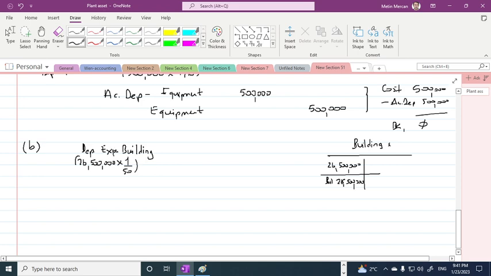So this is the depreciation expense for the building. It will be $530,000, and the accumulated depreciation for all of the buildings, maybe there are several buildings, is also $530,000.